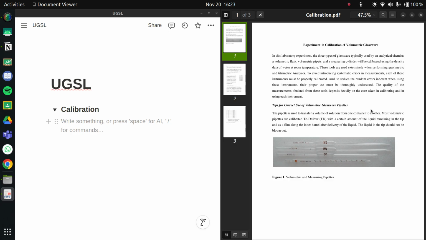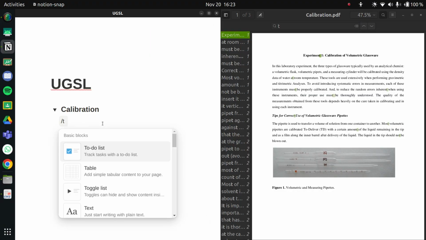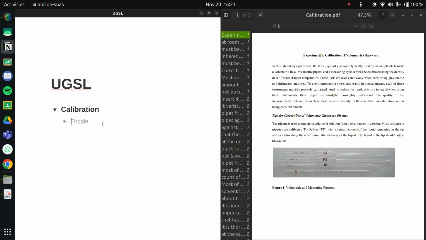So I'm just going to put a list. The types of glassware, 3 types of glassware used by analytical chemists.